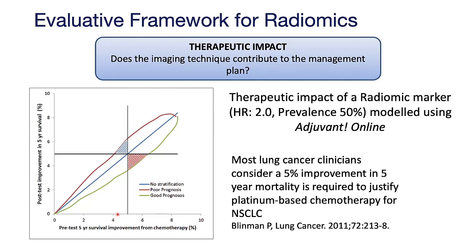Whereas on this side of the curve, if you're at 4.5%, you wouldn't generally consider chemotherapy worthwhile, but you would if you fell into the poor prognostic group, shaded in blue here. So this is a way of looking at how often the deployment of the biomarker would change the treatment.